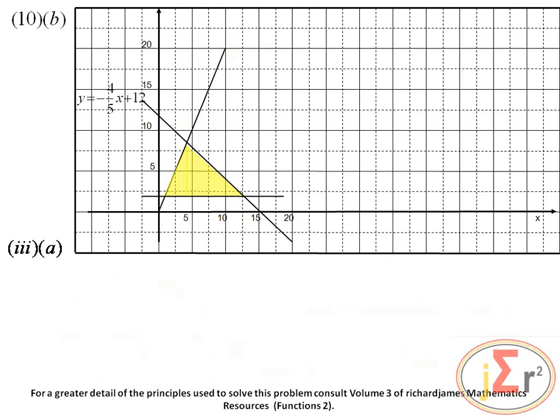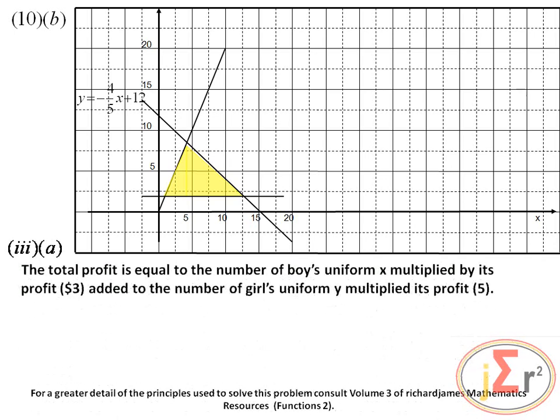The company sells uniforms for the club and makes a profit of $3 on a boy's uniform and $5 on a girl's uniform. So the total profit is equal to the number of boys' uniforms multiplied by the profit, and we are going to add that to the number of girls' uniforms multiplied by the profit.